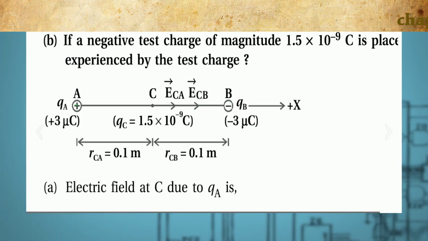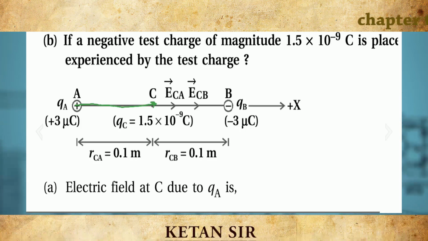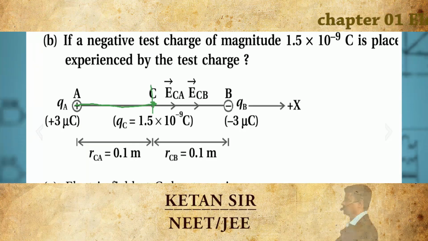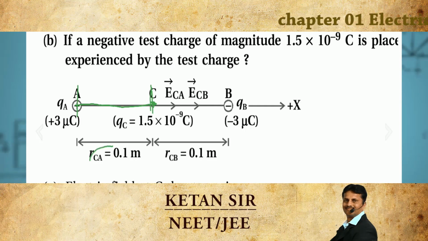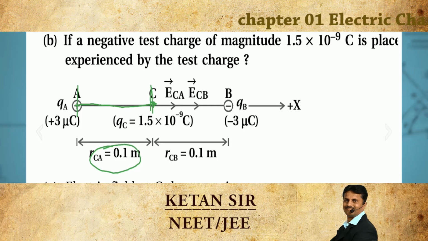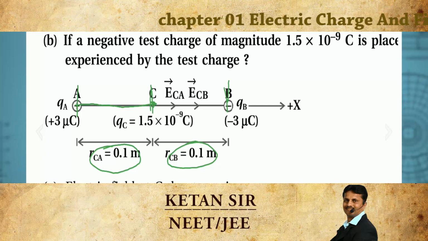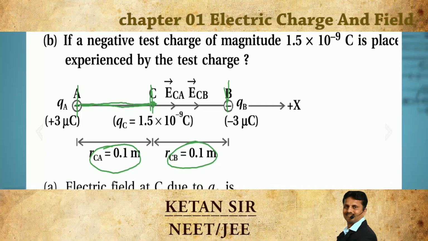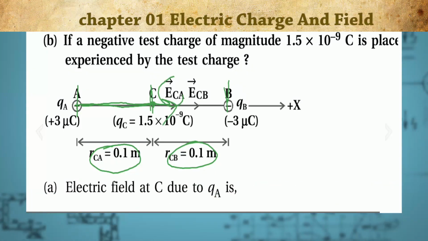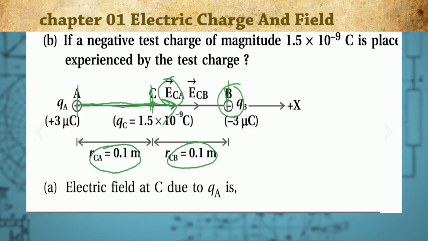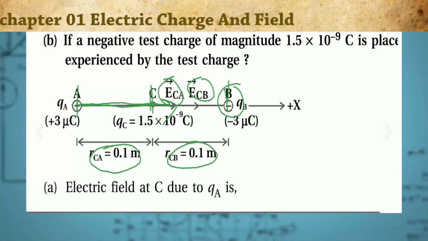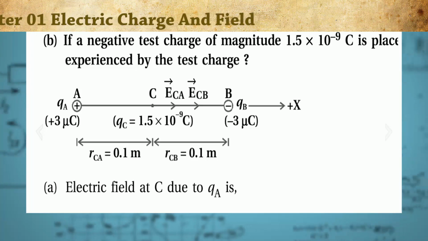The point C has a distance from the positive charge of 0.1 meter, and from the B charge it is also 0.1 meter. The direction of the field due to A is the direction of ECA, and due to B it is the direction of ECB, both in the same direction.